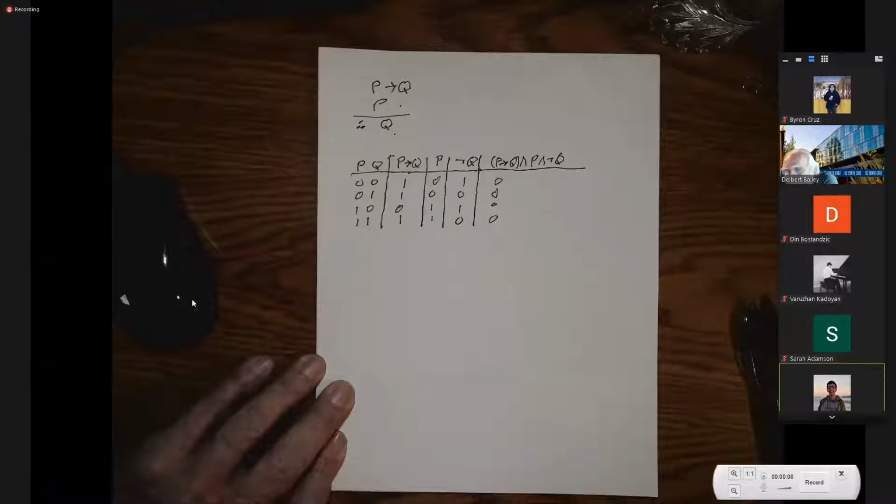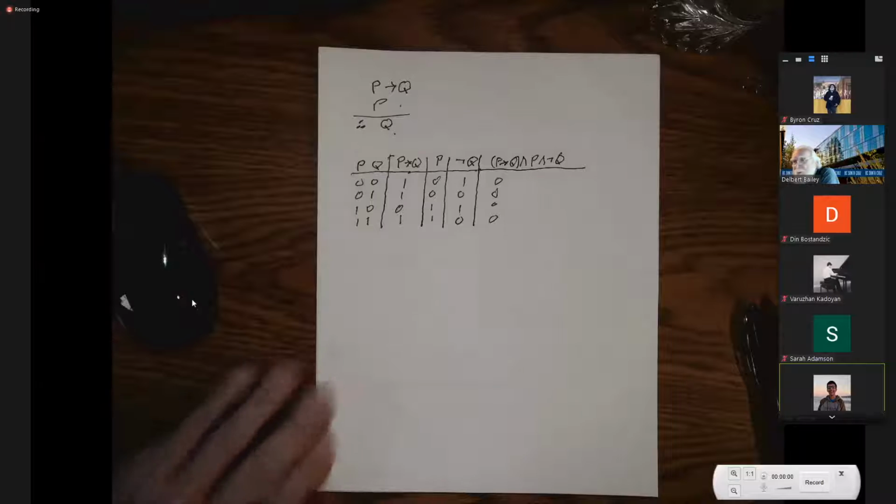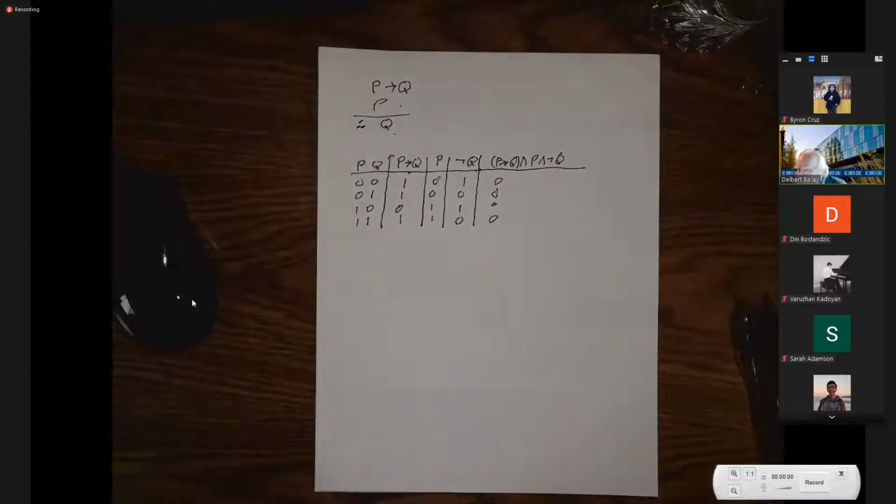Okay, and let's say that one of these rows on the right had a 1 in there. Would that mean that this argument is incorrect? I think it would say it's not valid. Okay, can you repeat that? I wouldn't say that it's incorrect. I'd say it's not valid. Okay, yeah. All right, thank you. Sure.